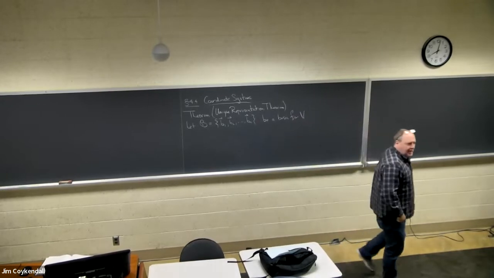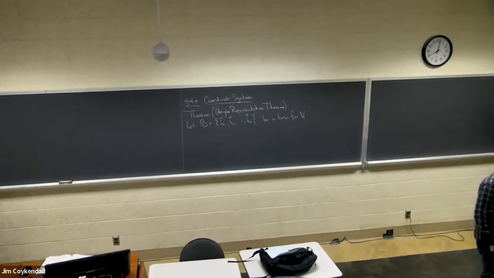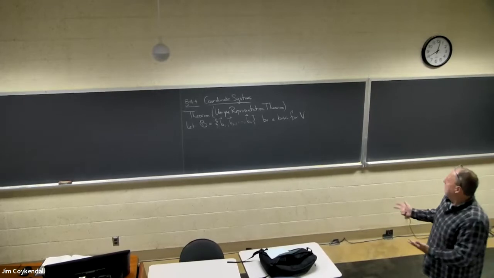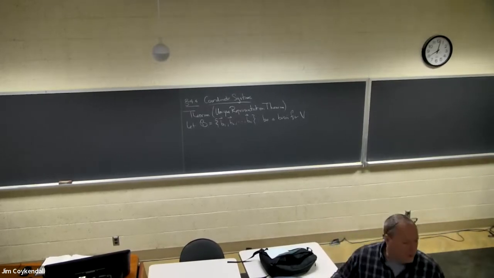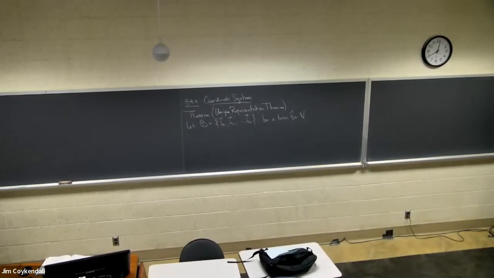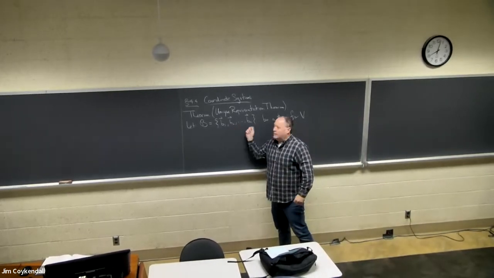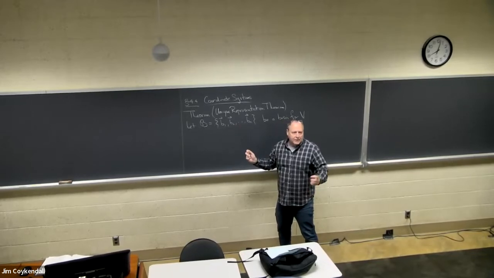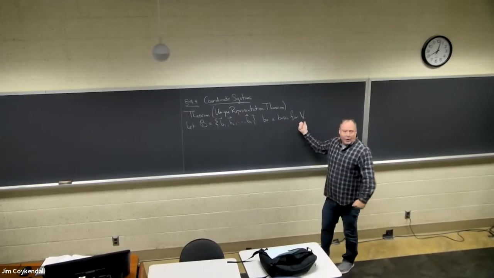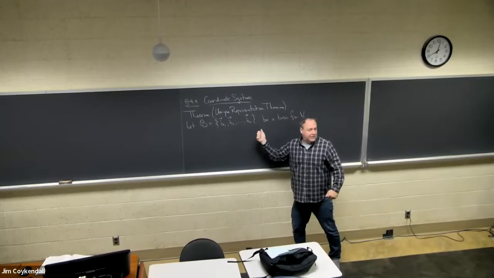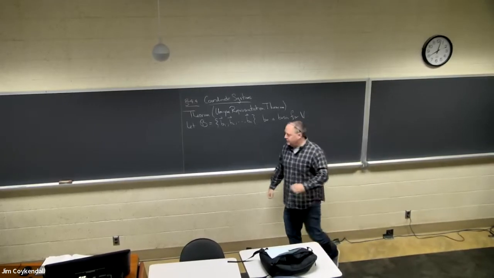I want it to be a basis to the vector space V. Now, somebody remind me, what does it mean for these vectors b1 up to bn to be a basis for the vector space V? Right, two things. These are linearly independent. And number two, everything in V is a linear combination of B, right? So everything's a linear combination.